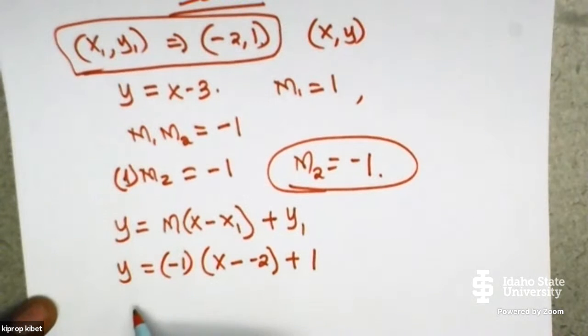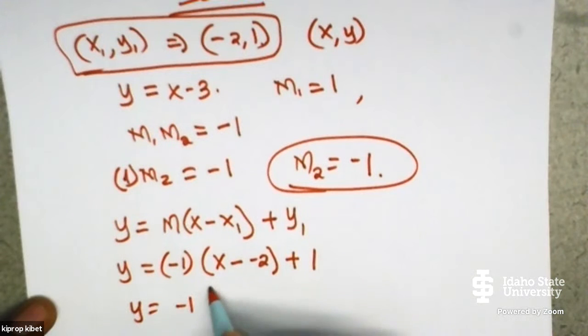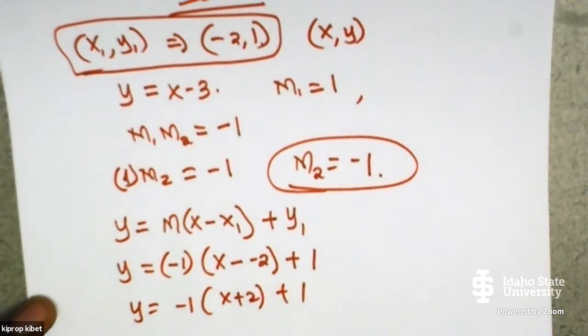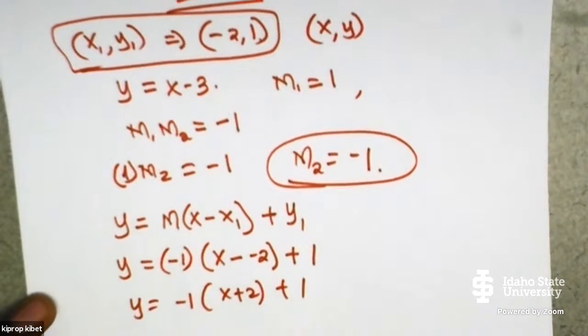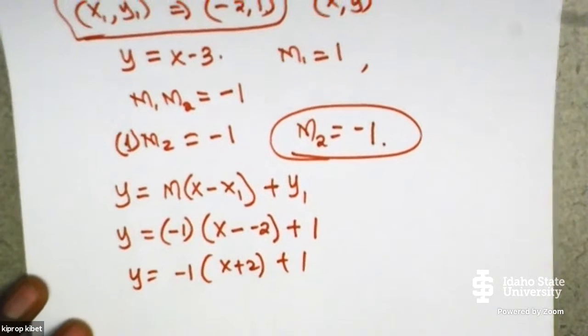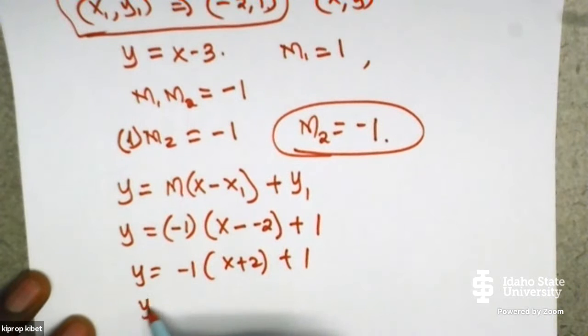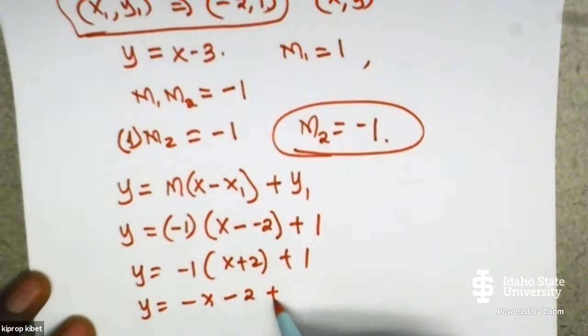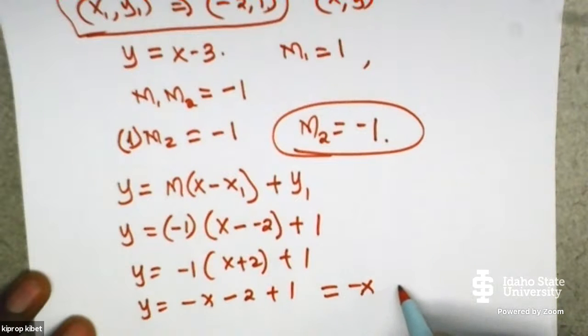So finally, you can open the brackets. y equals -1 times x plus 2, plus 1. You can write it like this, but you can also open the brackets: y equals -x minus 2 plus 1, which is -x minus 1.